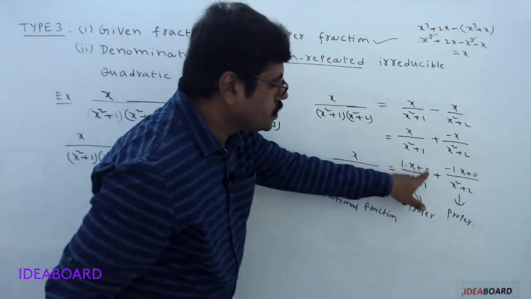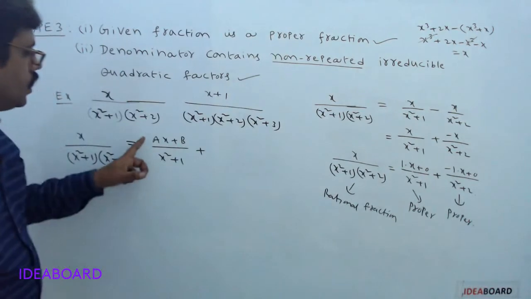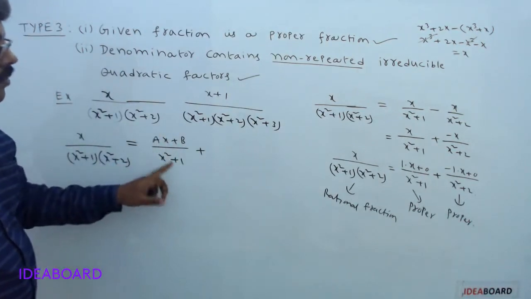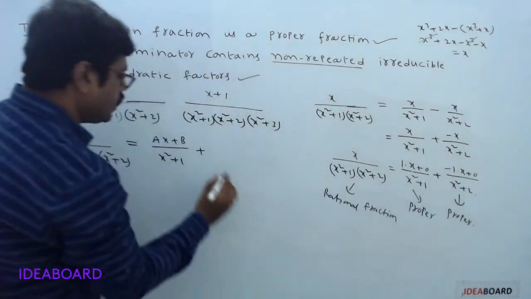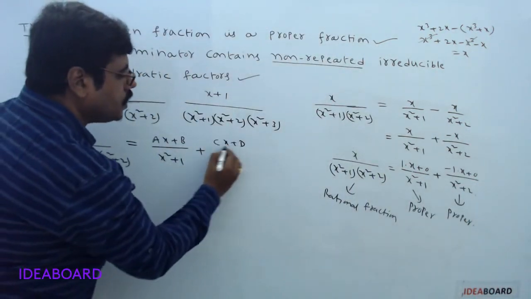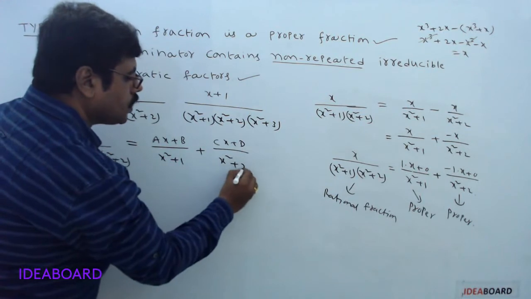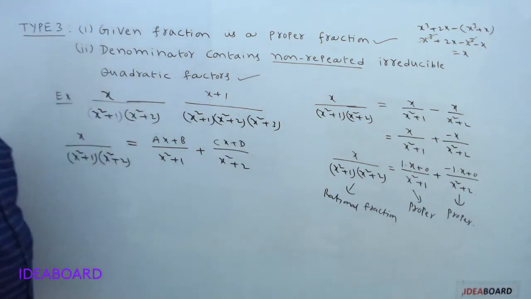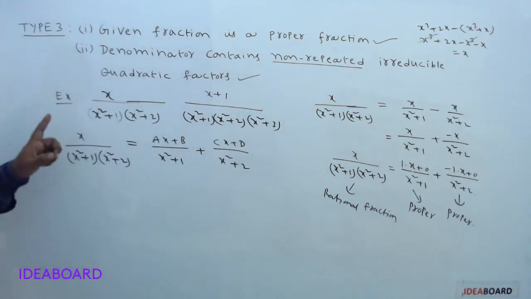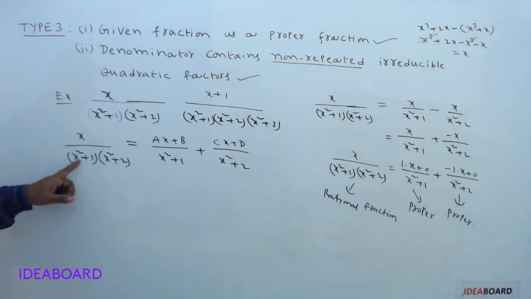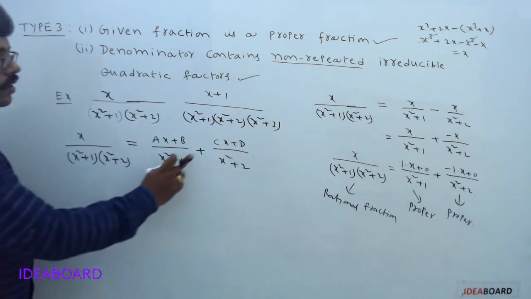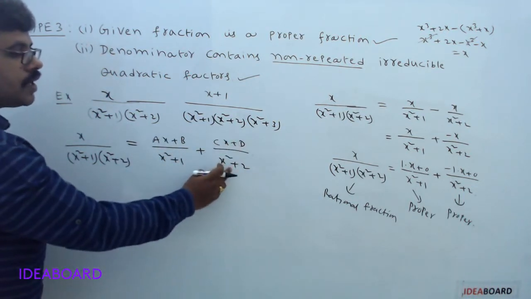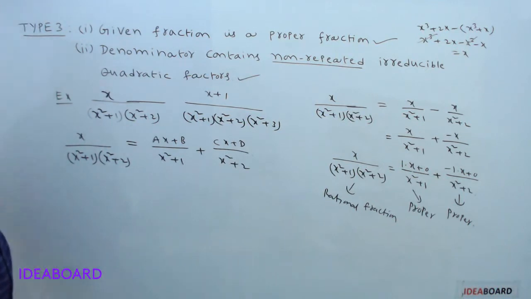Here, 1 into x plus 0 can be taken as (ax plus b) divided by x square plus 1, plus this expression can be taken as (cx plus d) divided by x square plus 2. So, in a general way, how to write down the partial fractions? (ax plus b) divided by x square plus 1 plus (cx plus d) divided by x square plus 2.